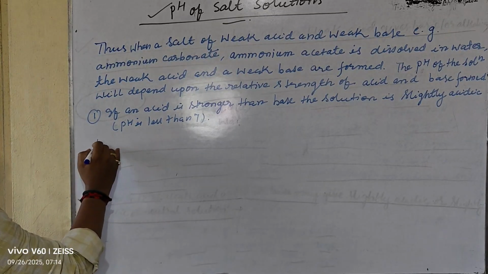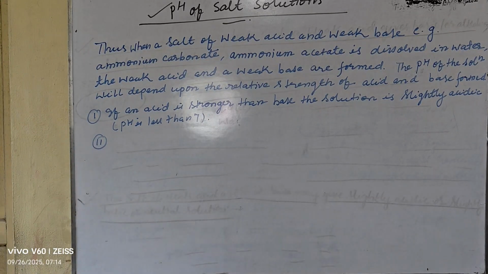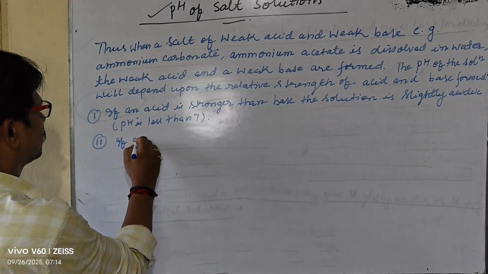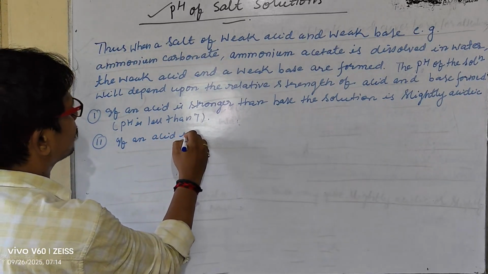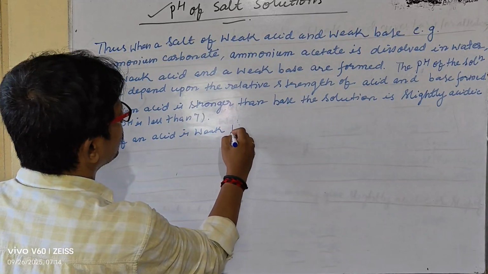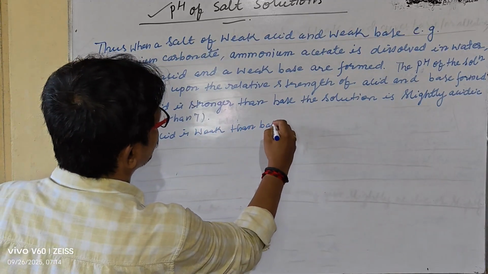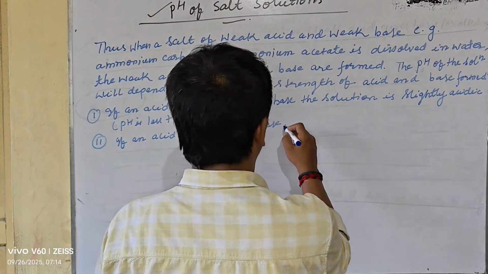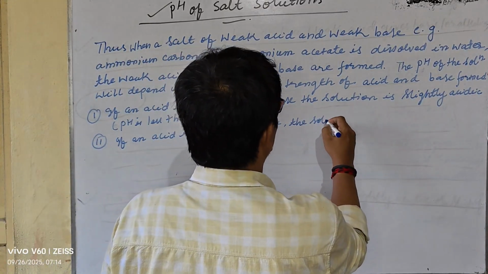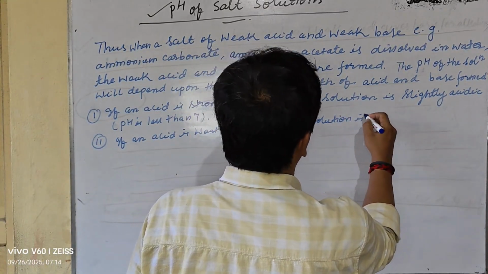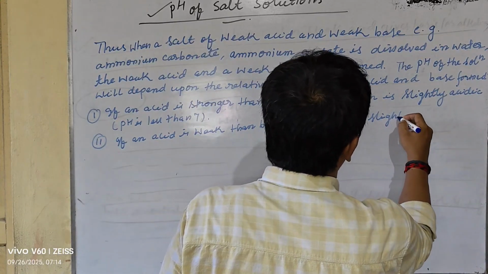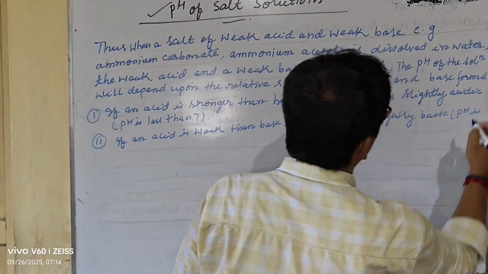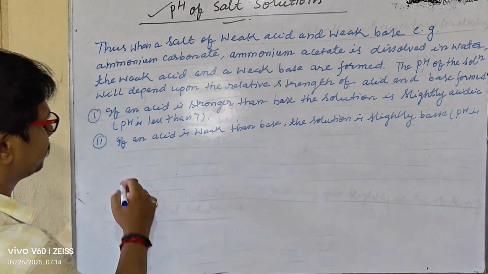Second, if an acid is weaker than the base, the solution is slightly basic, pH is more than 7.